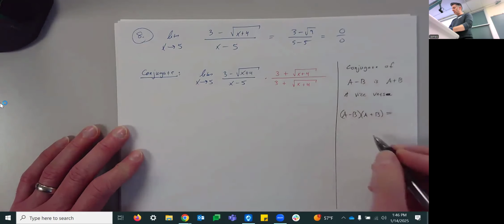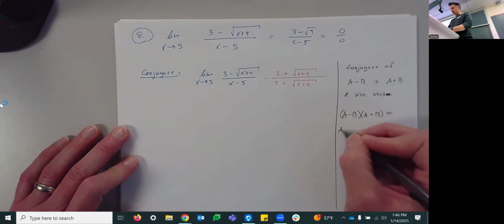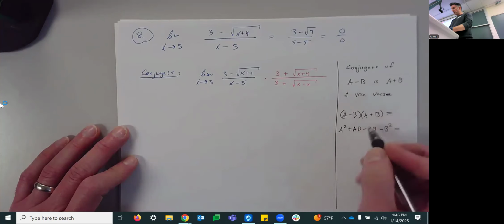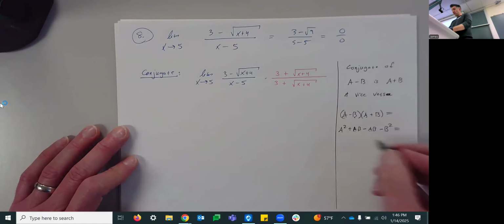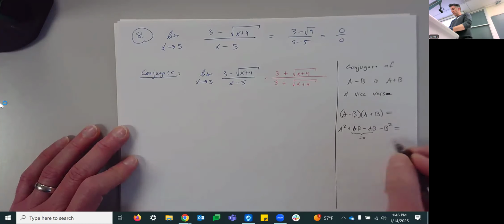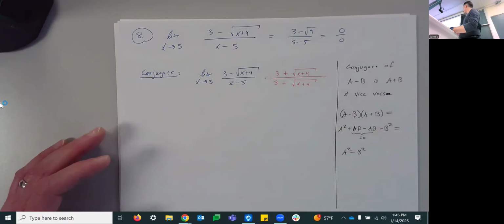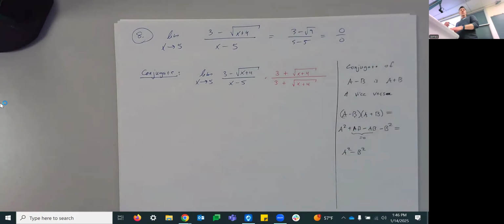So we multiply this out: A times A is A squared, A times B is AB, negative B times A is minus AB, and minus B times B is minus B squared. A times B minus A times B is 0. So we end up getting A squared minus B squared, or as I would always phrase it, the first thing squared minus the second thing squared. The order definitely does matter here.